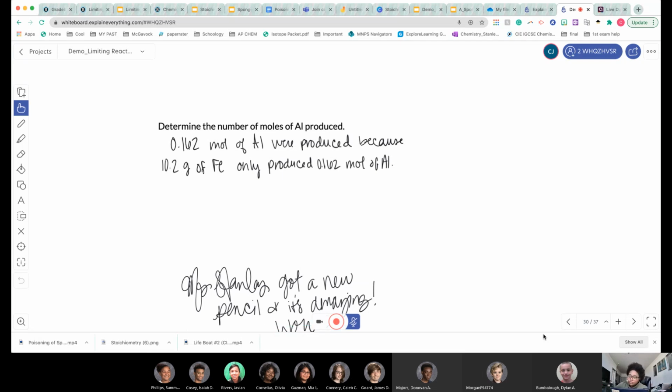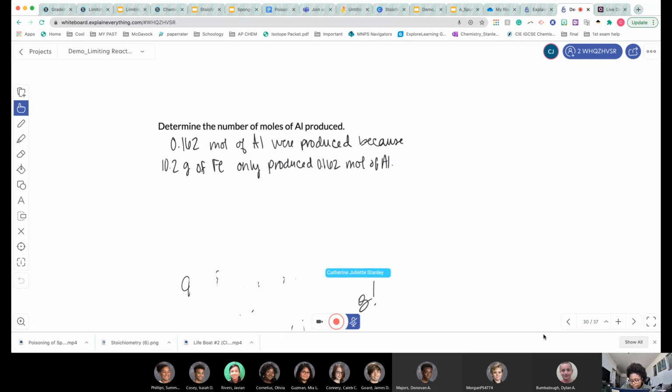Donovan's ready. Summer is ready. Anybody else have this written down? Give me a thumbs up in the chat when you've written this down. Awesome, I don't want to move too quick. So 0.162 moles of aluminum are produced because 10.2 grams of iron only produced 0.162 moles of aluminum. Awesome sauce. Let's go to the next one.